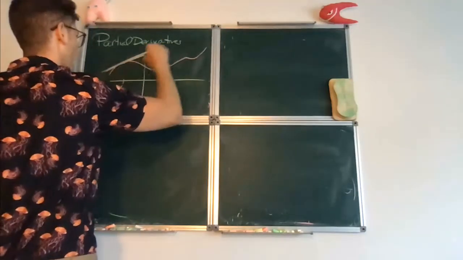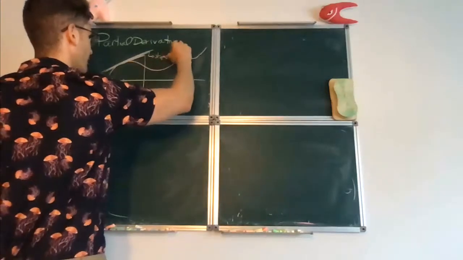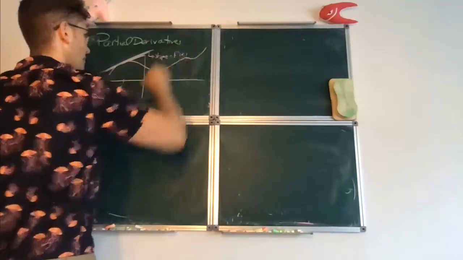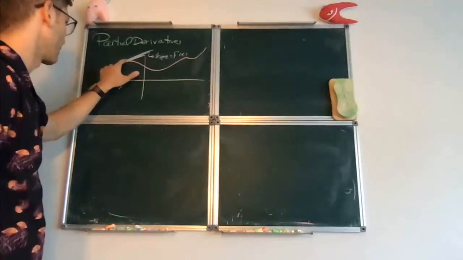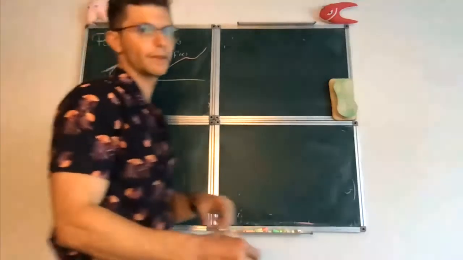If this was a point x, the slope would be f prime of x, right? And since you already have the slope and a point through the line, you can completely determine that line.